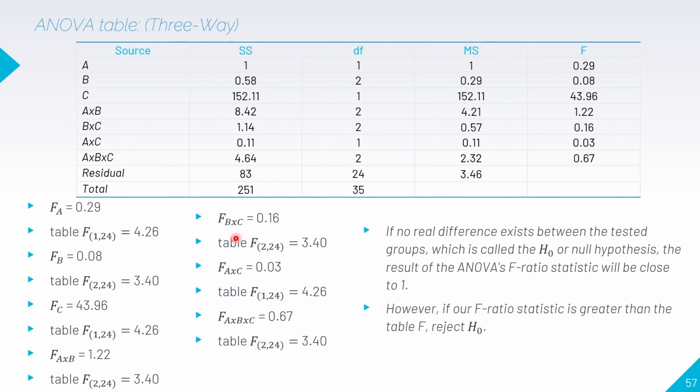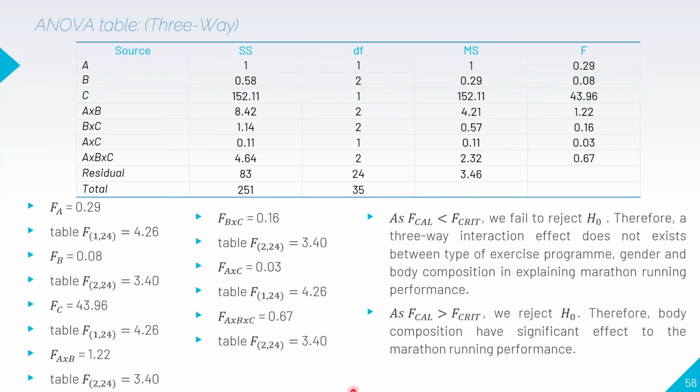So in this case, where the F computed is less than our F critical, we fail to reject our null hypothesis. These sources, FA, FB, FA by B, FB by C, FA by C, and FA by B by C, are less than the critical value, so we fail to reject our null hypothesis.